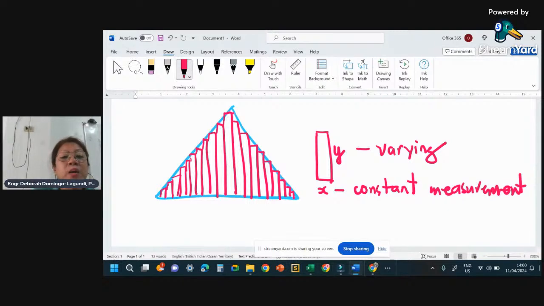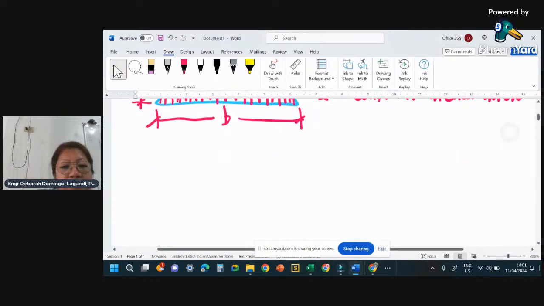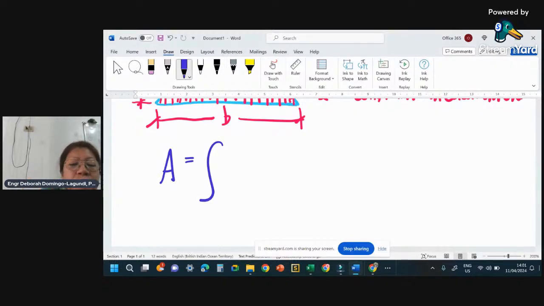Okay? Now, how can integration play in this situation? Let's say the bottom of our triangle is B and the height of our triangle is H. We learned from definite integral that the area under a curve is the integral of y dx.